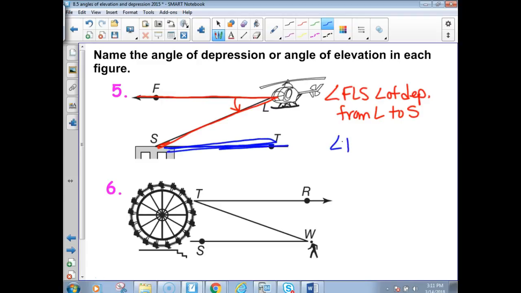So I'm going to say angle TS and then go to L. Angle TSL is an angle of, it's opening up from the horizon line, angle of elevation. And that's from the top of the building to the helicopter. So it's from S to L.